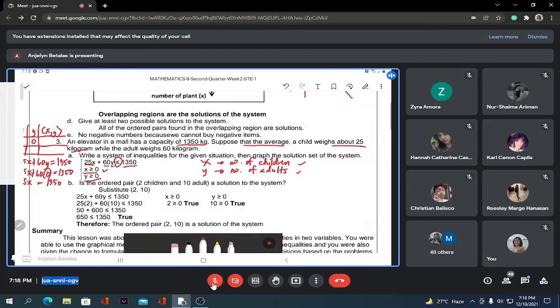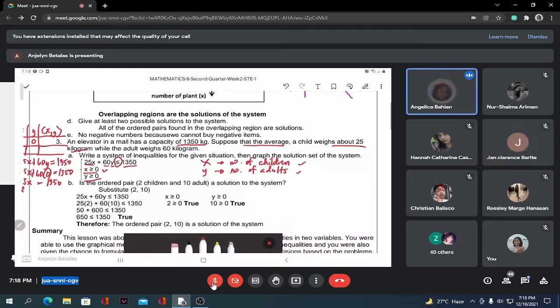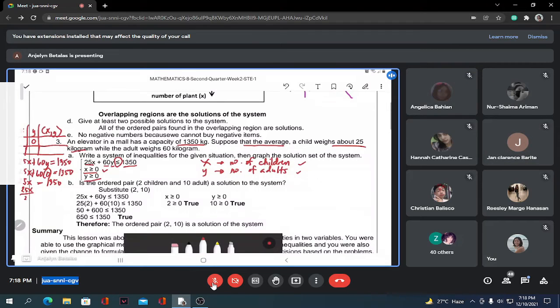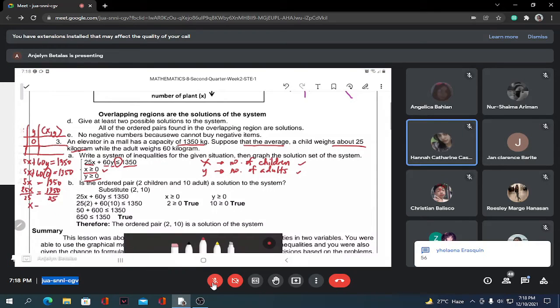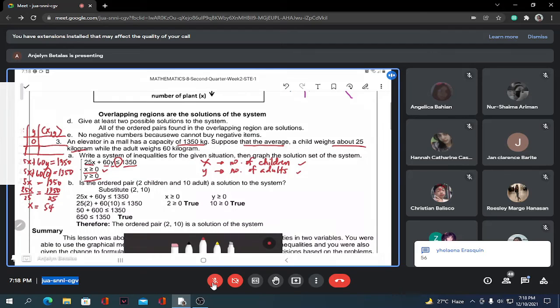Then divide by 25. What is the answer, class? 54. So we have 54, 0.